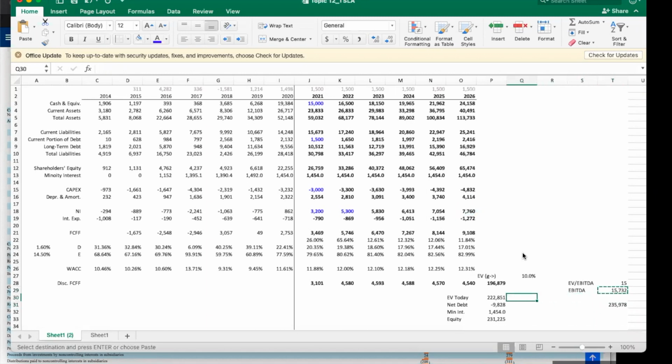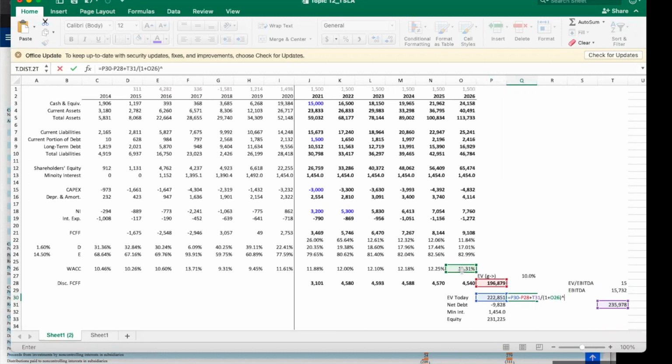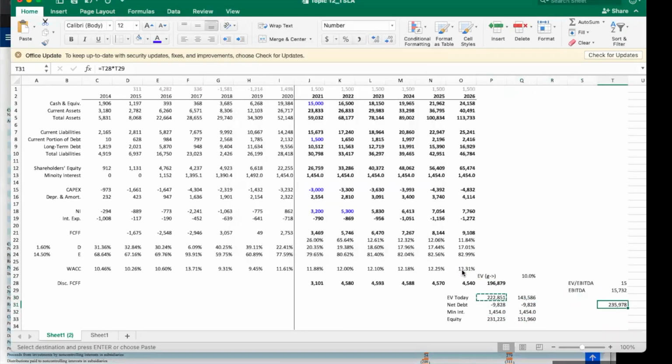So if we do that this way, cost of capital, I said to the power 6. Let's go ahead and do it here.